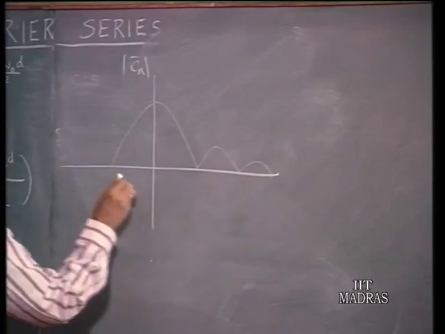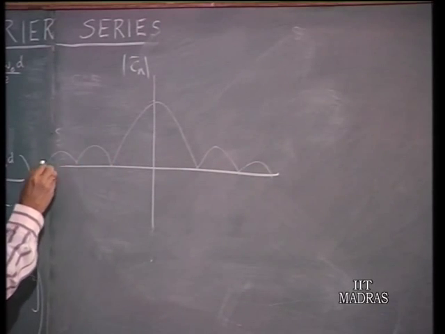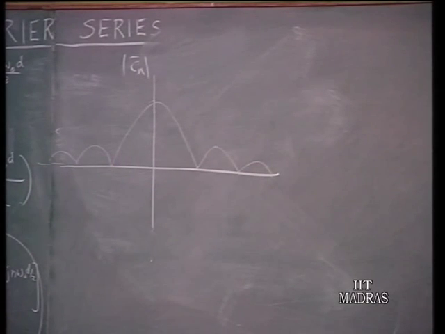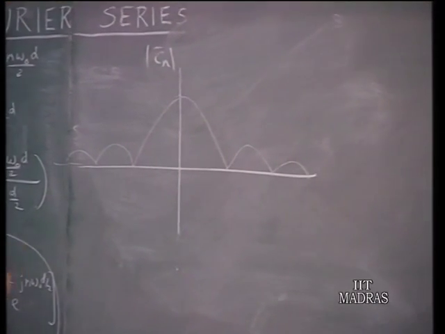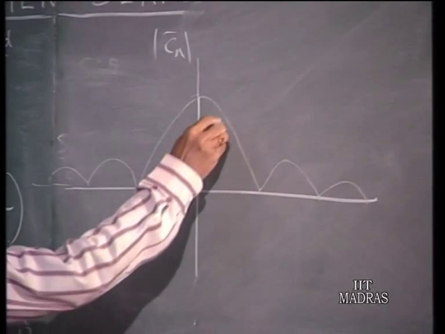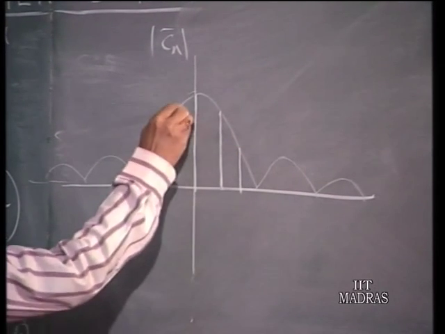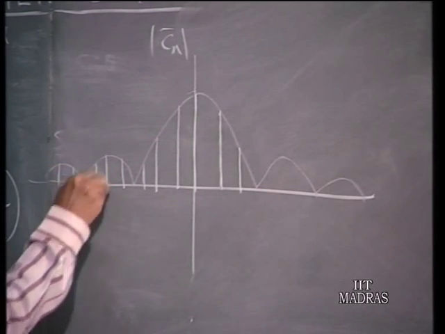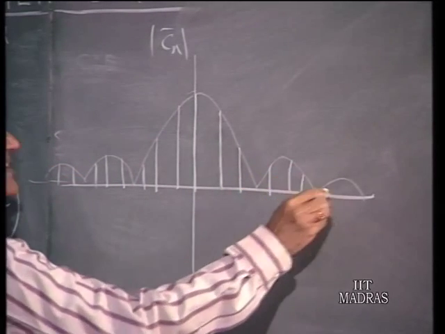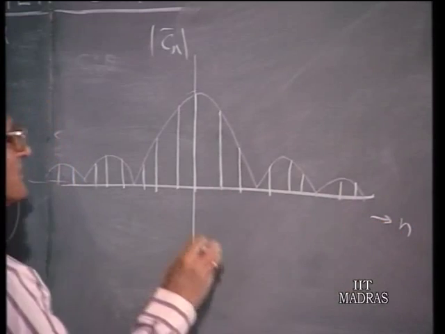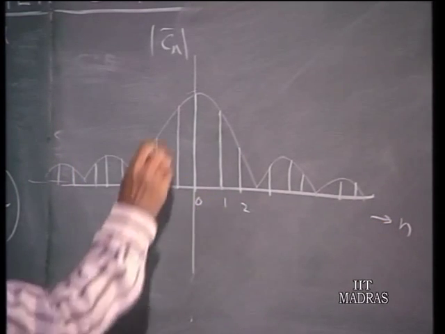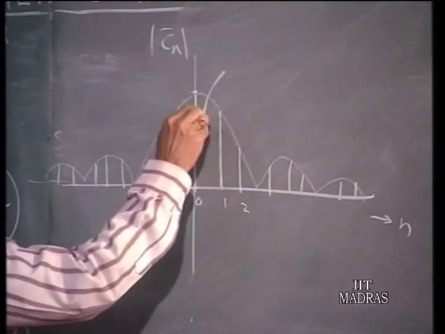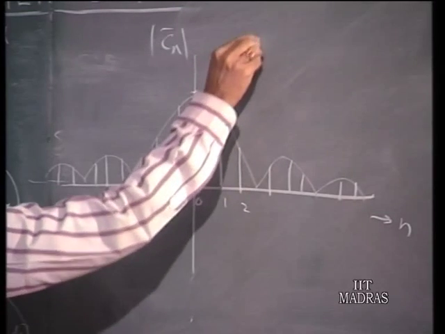So, the negative loops are flipped over. This will be the envelope of your magnitude, but the lines you will have only components like this at specific integral values of m, 0, 1, 2, etc. In particular, C0 will be AD upon T.